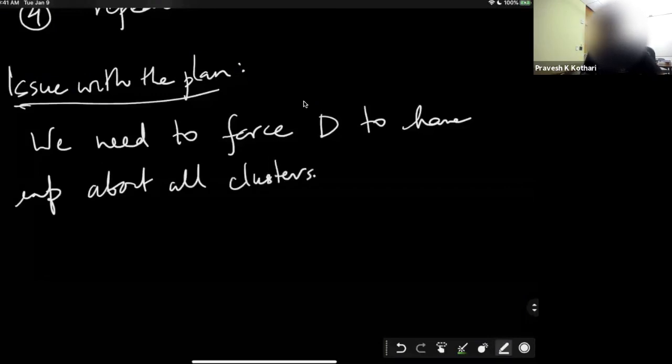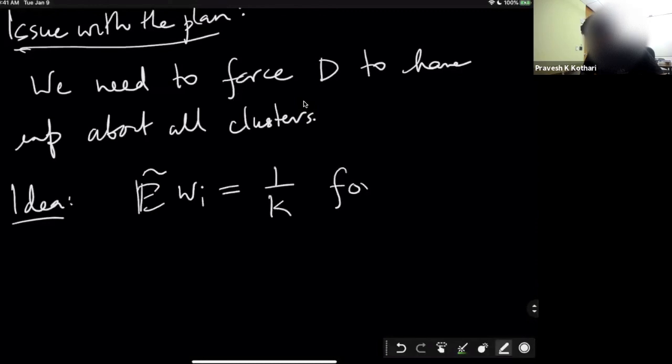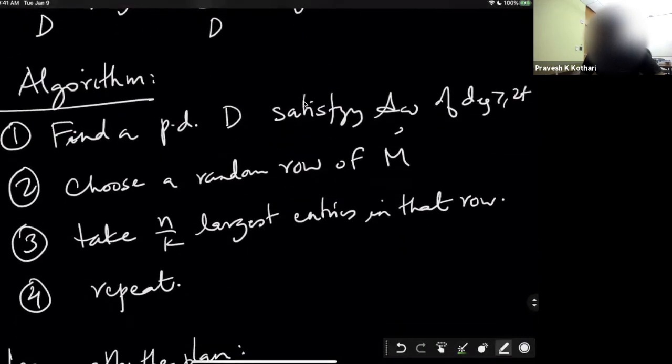And at least one simple way to do it here is to simply force that each individual Wi should be equal to 1 over k for all i's. So I don't just find any pseudo distribution, I also find a pseudo distribution which satisfies that each individual Wi is 1 over k for all i.